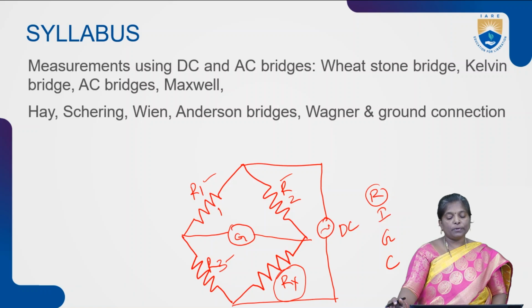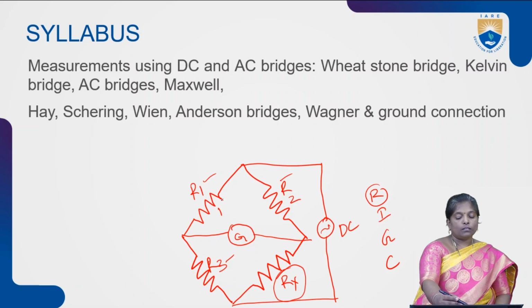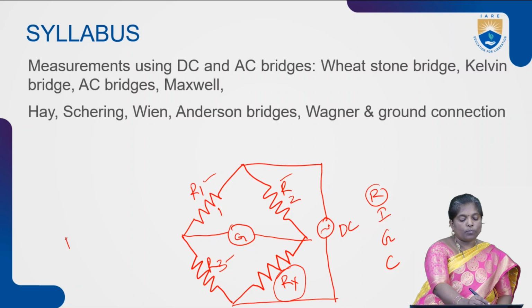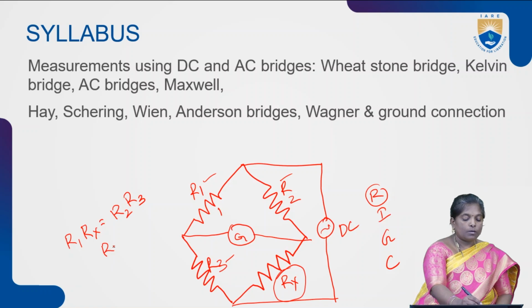How to balance the bridge means the product of two opposite arms must be equal. That is, R1 and Rx are two opposite arms. Similarly, R2 and R3 are two opposite arms. The product of two opposite arms R1 into Rx is equal to R2 into R3. The product of two opposite arms must be equal.